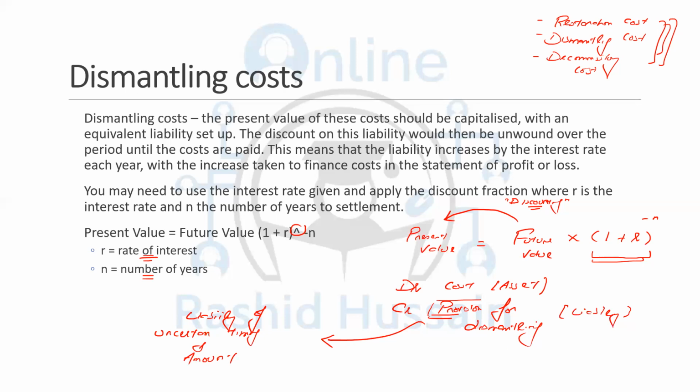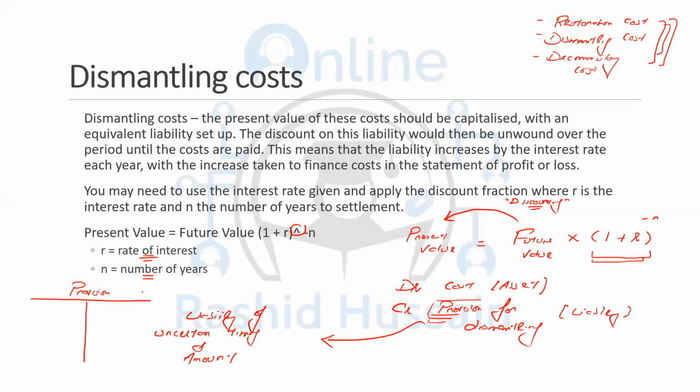I know that after a certain number of years, I'm going to dismantle it, but maybe I do not have the correct idea exactly how much I'm going to spend on this dismantling. So it's the uncertain amount. That is why we call it a provision. And now you know from your accounting concept that you are going to make an account for the provision.